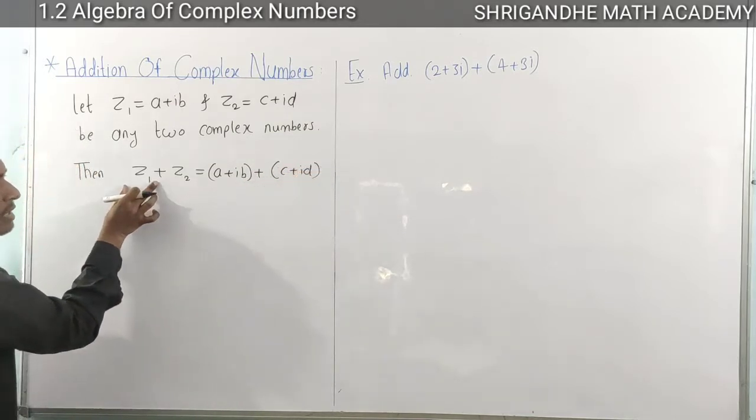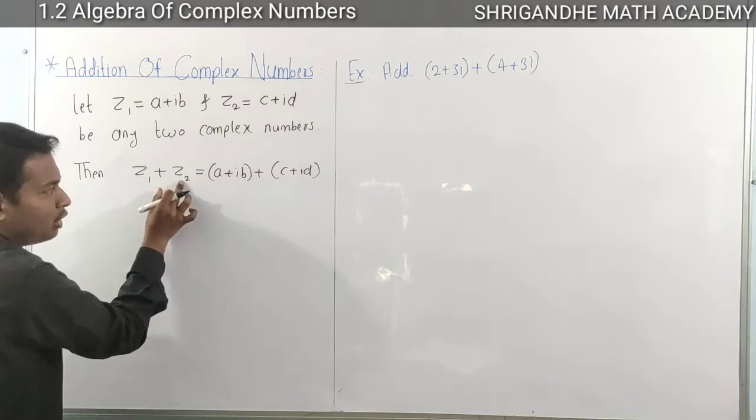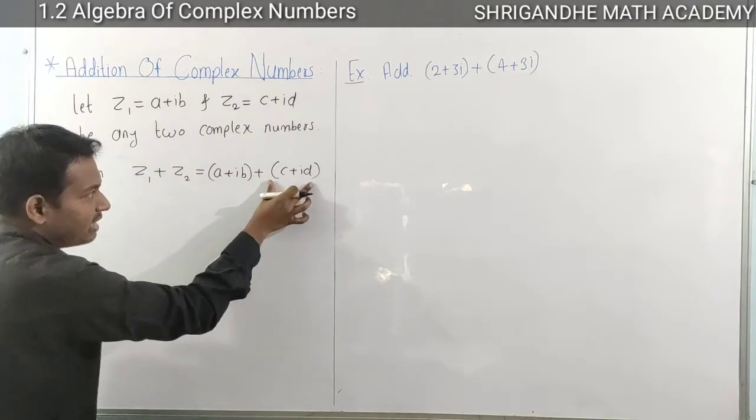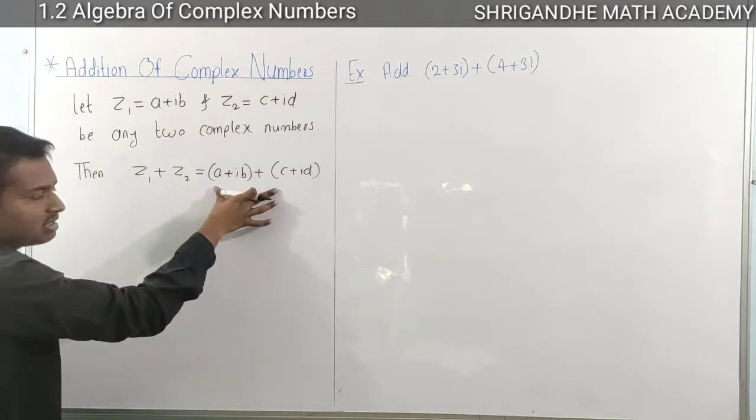Here the value of Z1 is equal to a plus ib and the value of Z2 is equal to c plus id. Now we have to add these two complex numbers.